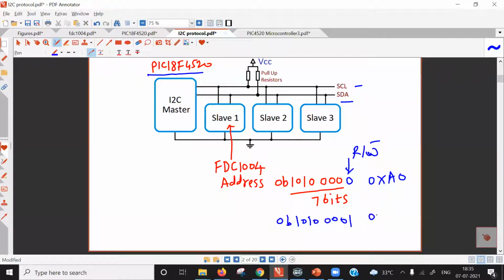So what is our code word here? 0xA1. When the master initiates a frame, of course, the address must be transmitted first. And in the next cycle, if you want to perform a write operation on the slave device, you must transmit 0xA0. If you want to perform a read operation in the next cycle, you must transmit 0xA1.